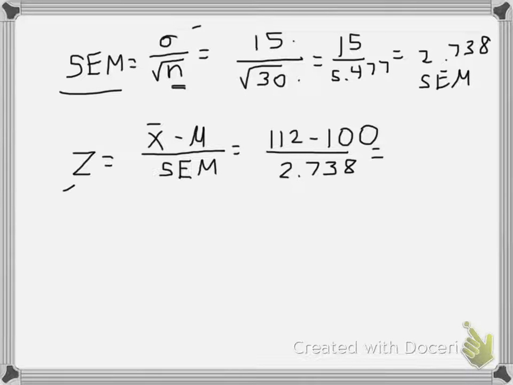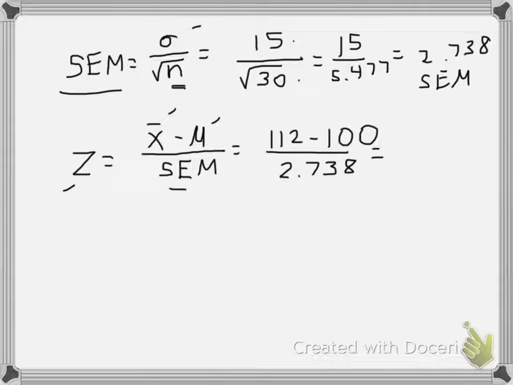For our z-value formula, we will take x bar, or the mean of the sample, subtracted by the population average, and we're going to divide it by our SEM, or our standard error mean.